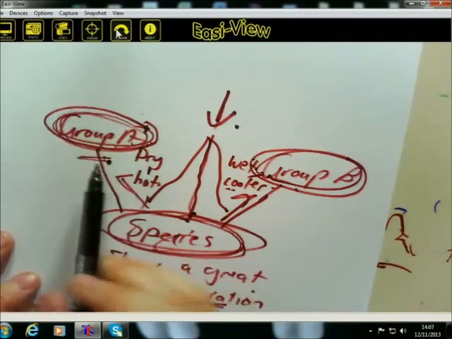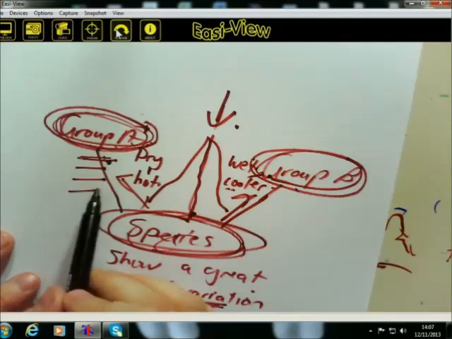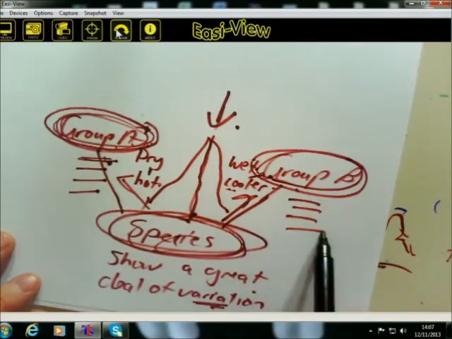All of the individuals here look similar. They are able to interbreed. They produce fertile offspring that are viable. The same has happened over here.